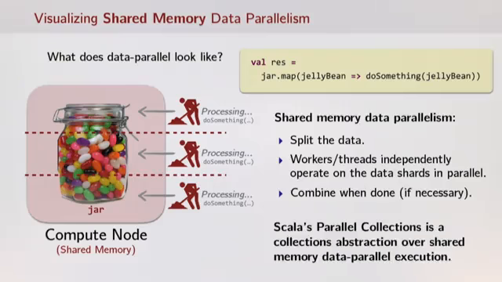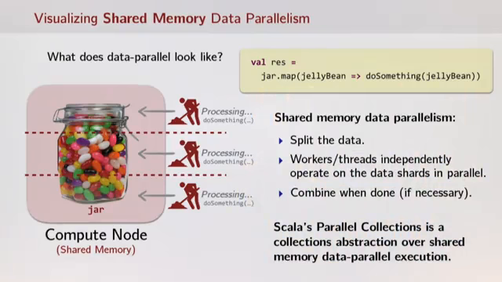What's important to note is that this can all live underneath a collections abstraction. So, for example, we can take exactly the same abstraction that we already use in the case of regular collections. For all you know, because I've left out the types here, this jar could be a list or it could be a par array. You don't know. It has the same API. It looks exactly the same as a regular Scala collection or a parallel collection.